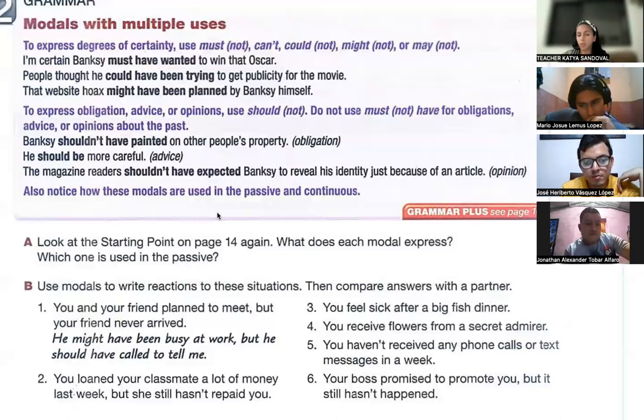What about number 3? You feel sick after a big fish dinner. Wow. Okay, and for me, teacher, I think you shouldn't eat a lot of fish for the dinner. You shouldn't eat. Okay. That can be like an opinion, right, Jonathan? So in that case, Jonathan, you shouldn't have eaten.